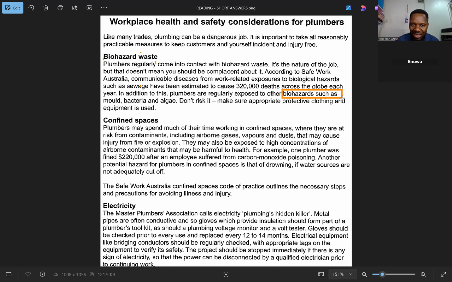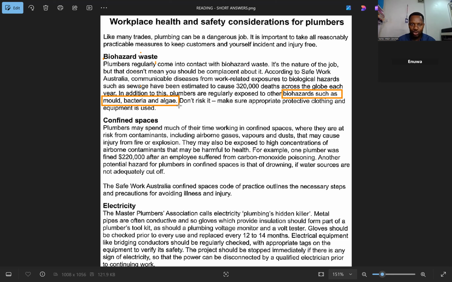Biohazards such as... these are the three captured on that question section, right? But the answer is not here, right?